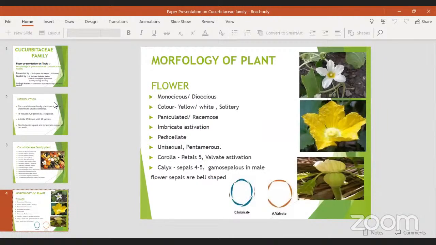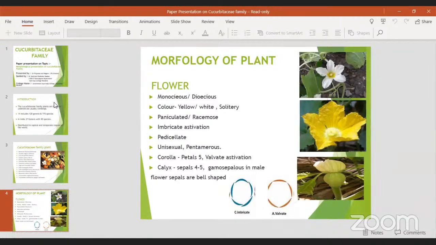Then the morphology of these plants: the flowers are monoecious or dioecious. The colors are yellow, white, or solitary. The inflorescence is paniculate or racemose, with imbricate aestivation, pedicellate, unisexual and pentamerous.